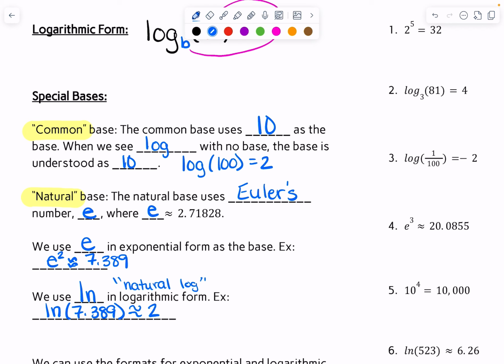So just to note, this gets confusing for some students. When you are looking right here at that natural log, that is an L, not a 1. This is not 1n, this is ln, as in logarithm, the natural log. And so we understand that as a base of e.